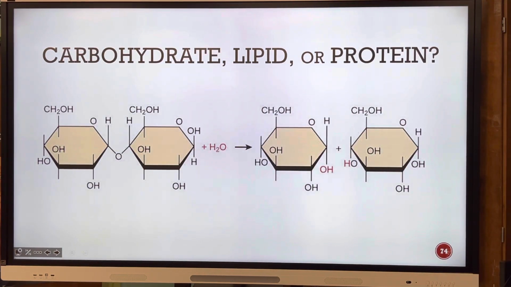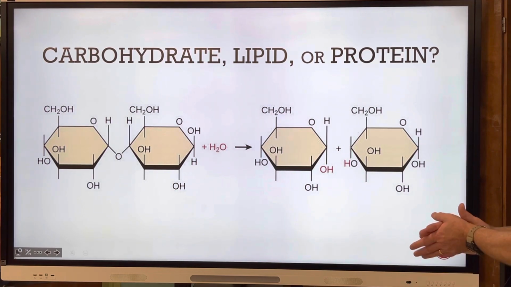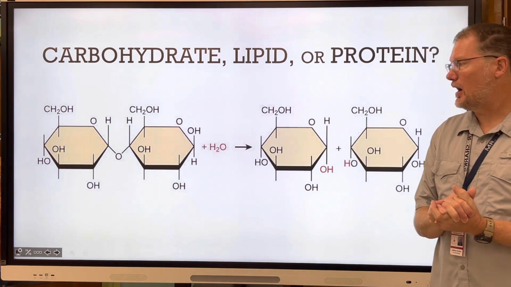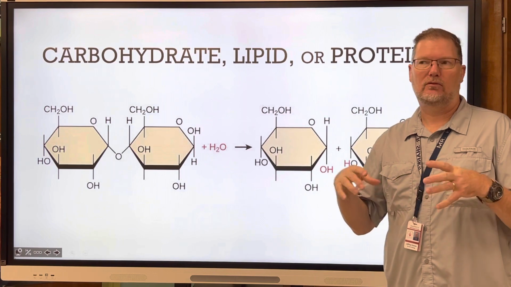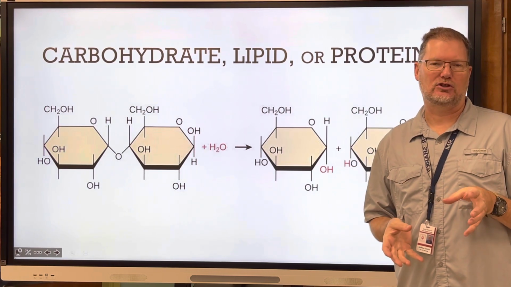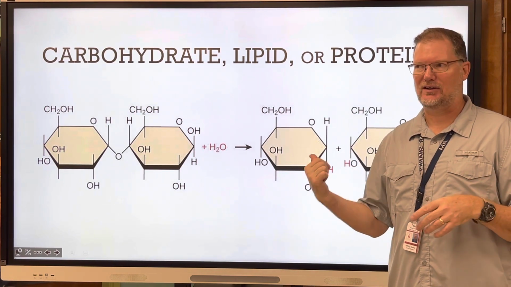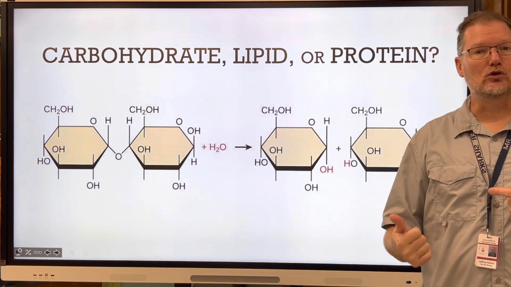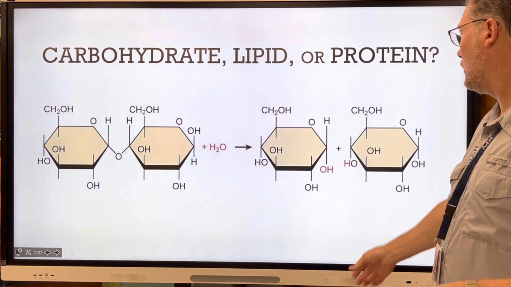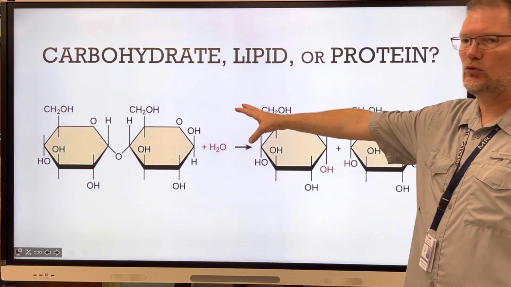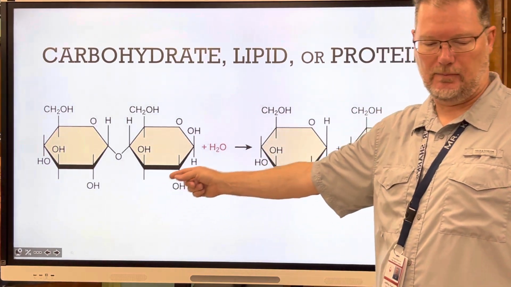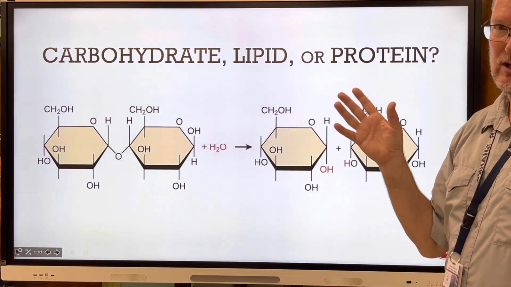Carbohydrate, lipid, or protein? Immediately in your mind, you see that shape, that almost stop sign shape. Remember, a stop sign's 8 sides, this is 6 sides, but you know that it's glucose, and this is 2 glucoses connected, that's maltose. That's a carbohydrate.